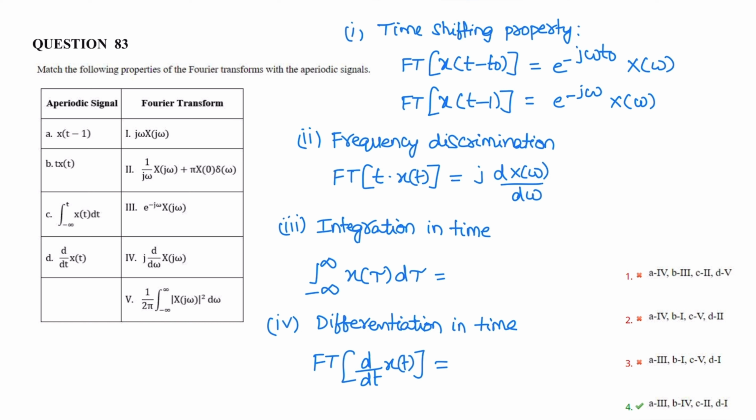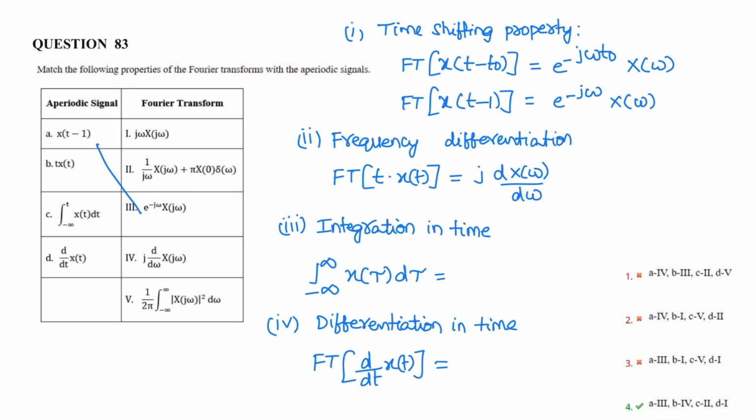Here a represents 3, and t into x of t is frequency differentiation. For frequency differentiation, the transform of t into x of t is j d by d omega of X of omega. Next is integration in time.